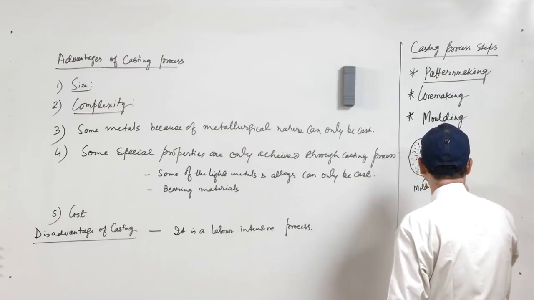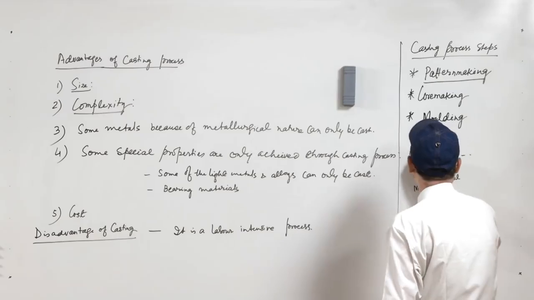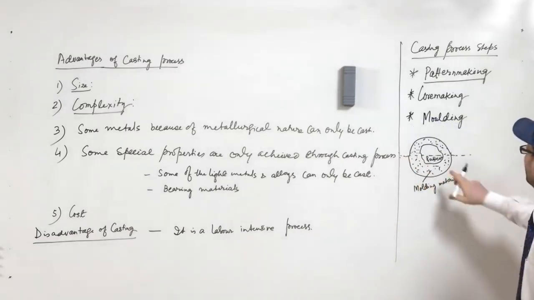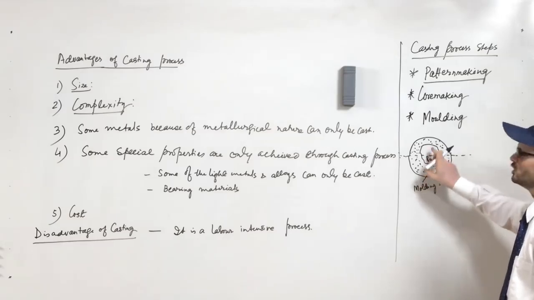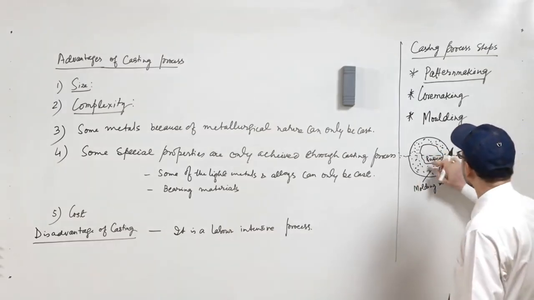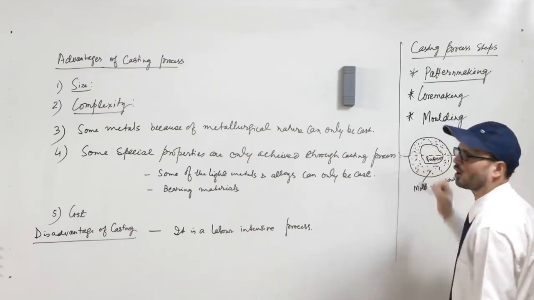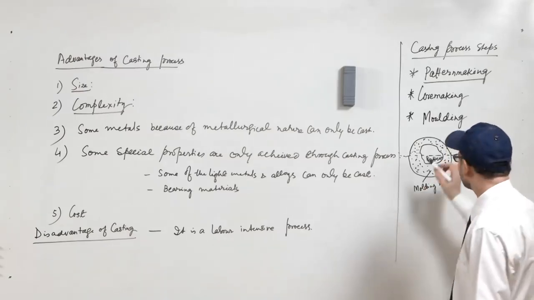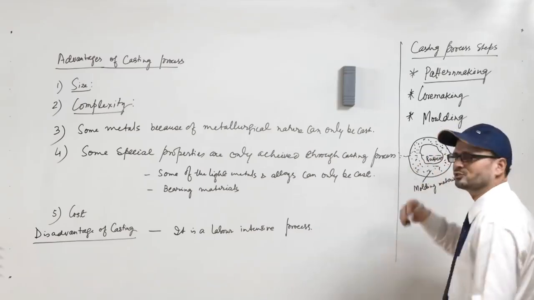If we talk about the common molding material as sand, we are basically having the pattern in two parts, and in every part you are having the molding material packed around it. This molding material will be there, but this pattern has to be removed.